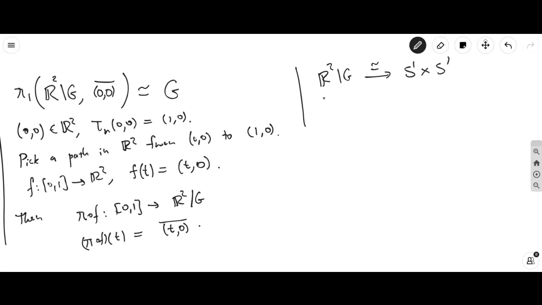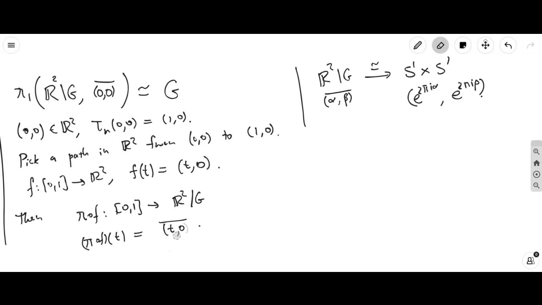And the homeomorphism is quite simply that if you give me a point, let's say I describe it as alpha comma beta, a pair of two real numbers, really a class mod G, I map that class to e to the 2 pi i alpha and e to the 2 pi i beta. That's the way the isomorphism works. Because of course, if you replace alpha and beta by anything equivalent to it, you're just adding an integer to either alpha or beta, but because these are complex exponentials, they're periodic, and it's going to end up in the same point. So that's your isomorphism.